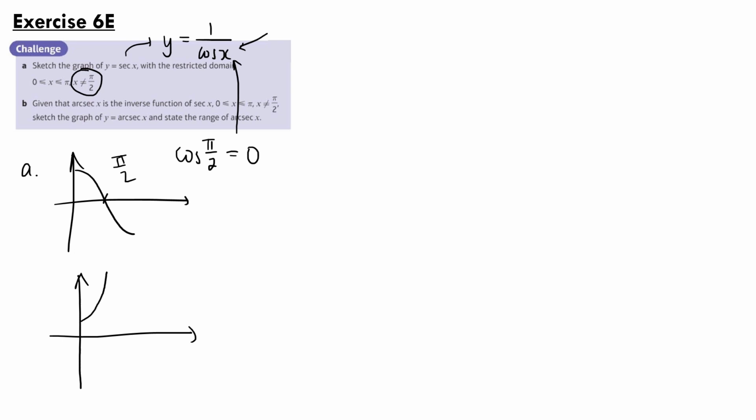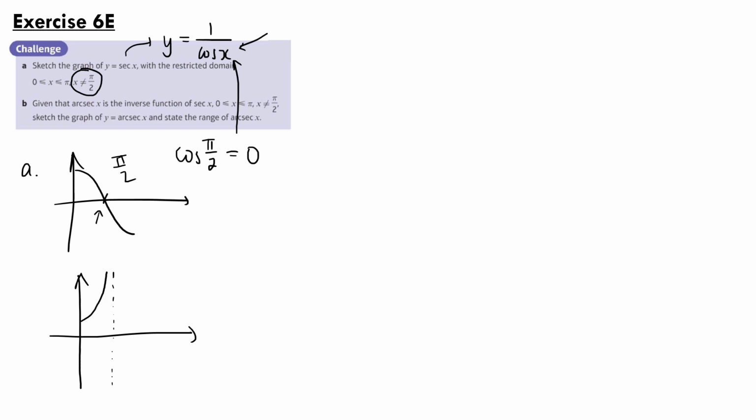Okay, and then we're going to have an asymptote where we have x being equal to pi over 2. And for the second half of the graph, we're going from 0 all the way down to -1.